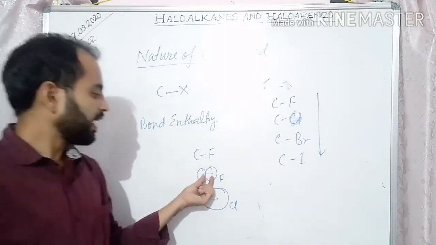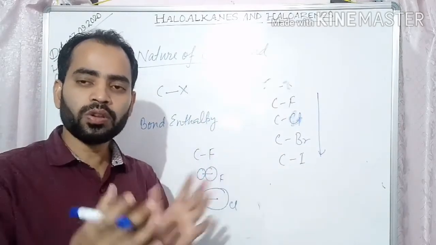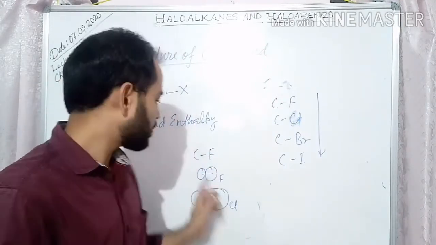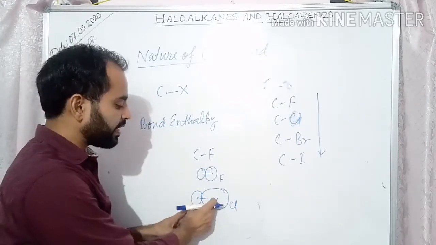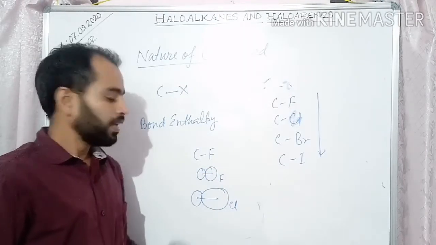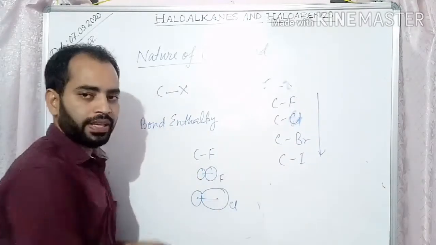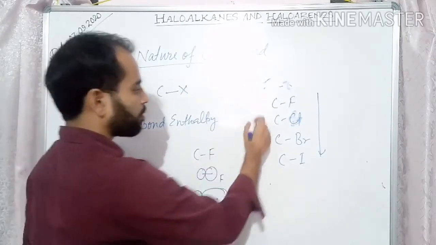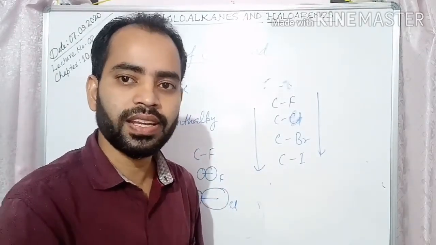Since bond length is shorter in the carbon-fluorine bond, they are more closely packed and the electronic attraction is more in carbon-fluorine than in carbon-iodine. So breaking will be easier in this case as compared to this one. So the bond enthalpy for this will be more and this will be less, and it goes on decreasing. As we move from top to bottom, the bond enthalpy decreases. Is it clear? Okay.